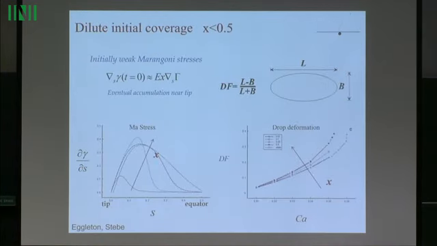So first, for dilute systems. For dilute systems, as I said, our initial Marangoni stresses are very weakly coupled. And so surfactant present on the droplet in this extensional flow that moves us from the equator towards the poles can allow the surfactant to be swept clean from the equator and accumulate in the region of the poles. At steady state, we have exactly what we had on these spheres.